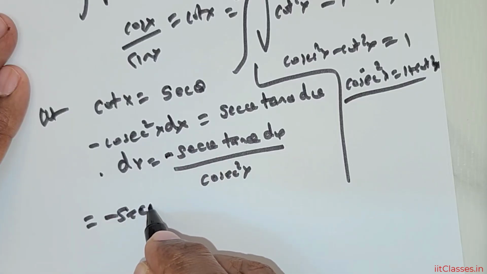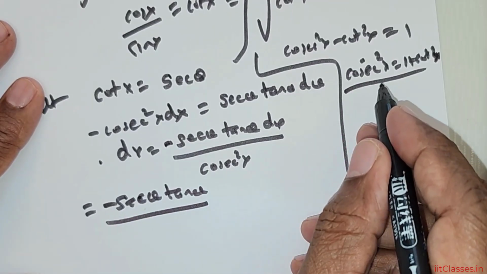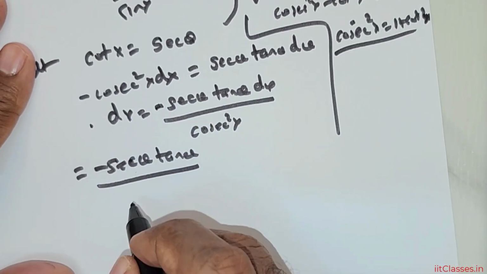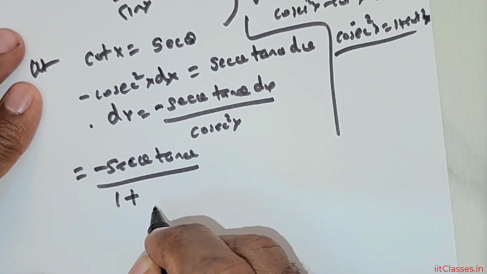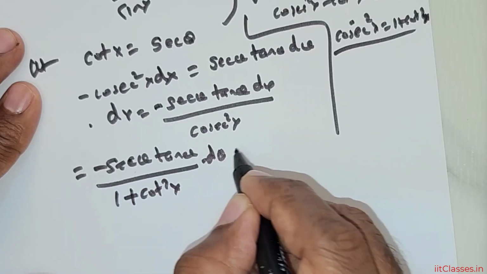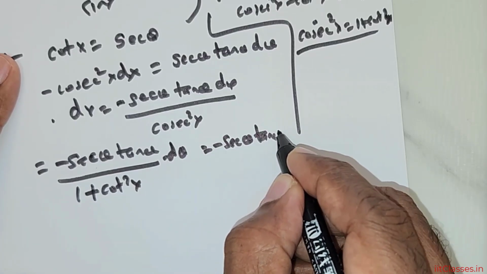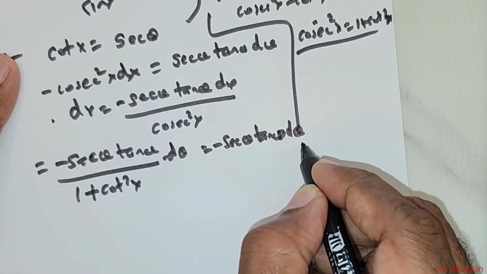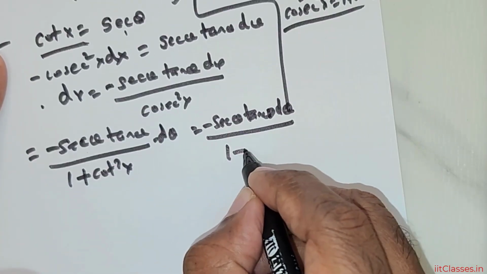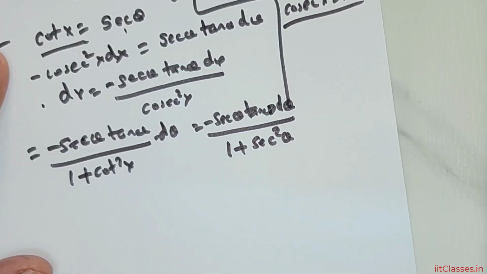So negative secant theta tan theta divided by, in place of cosecant squared x, I would be writing 1 plus cot squared x. Now this is equal to negative secant theta tan theta d theta divided by, since cot x is secant, 1 plus secant squared theta. This is what we've got.